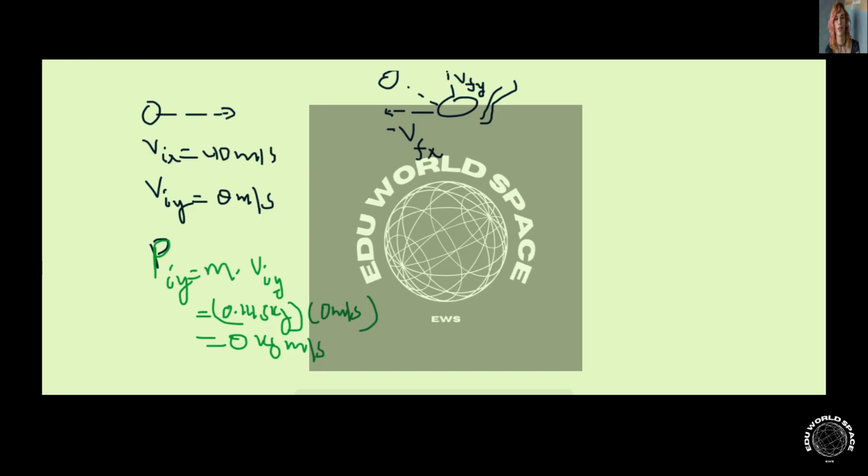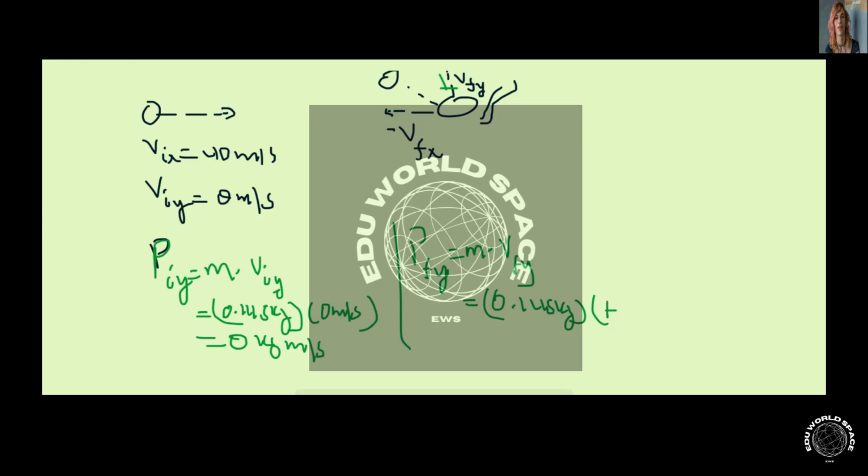The other thing that happens is, once the ball is hit, we want to find the final momentum in the y, and that's just the mass times the final velocity in the y direction. It happens to be positive because upwards is positive. So this is 0.145 kilograms times the final velocity in the y.